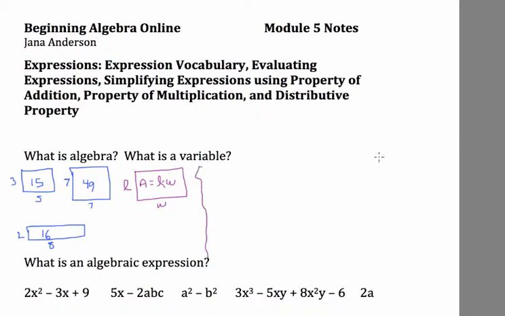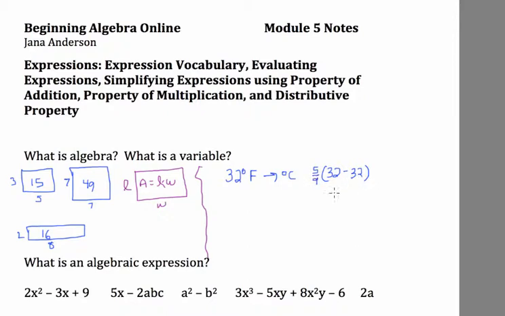Another example. Let's say that you want to change from degrees Fahrenheit to degrees Celsius. So let's say you have 32 degrees Fahrenheit, and you want to change that to degrees Celsius. What you do is you take the 32 and you subtract 32, and then you multiply that result by 5/9.